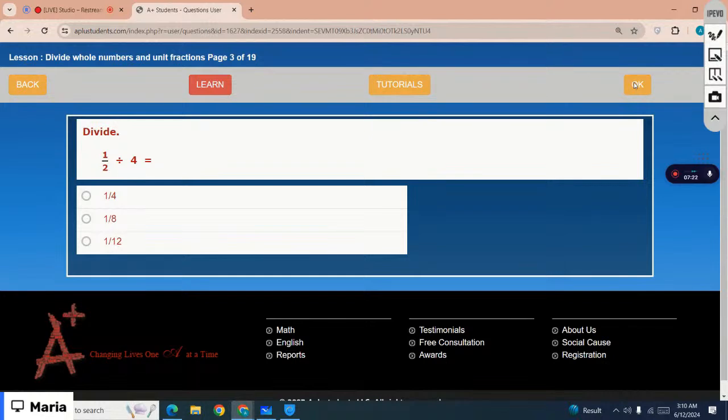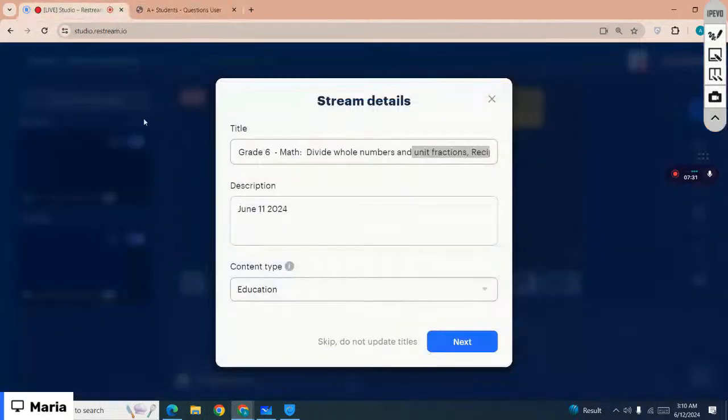One by 2 divided by 4. So which is the correct option? The option is 1 over 8.